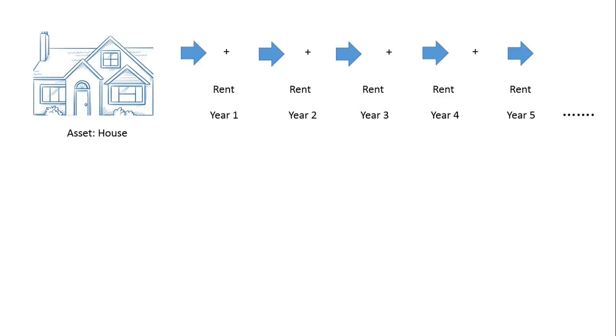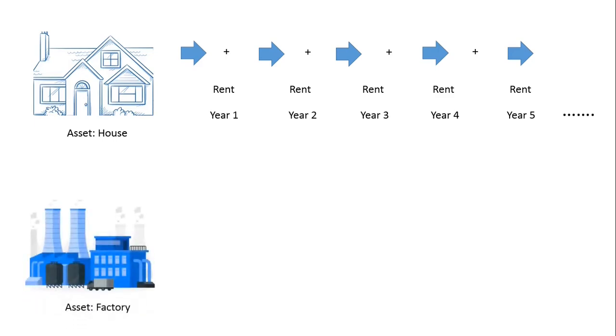The main purpose of buying the house is not to sell it within a short period of time. Of course, the person can sell the house, but the main intention while buying was to earn rent over several years.